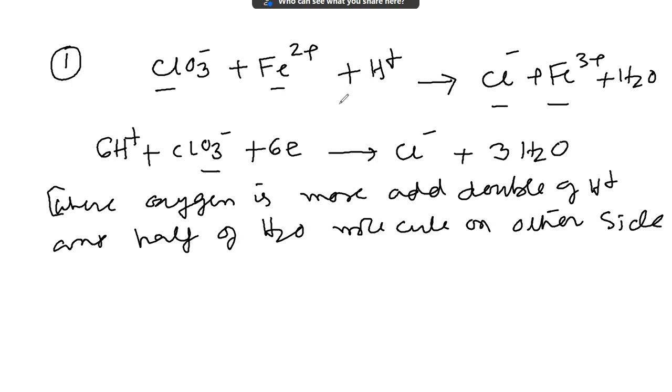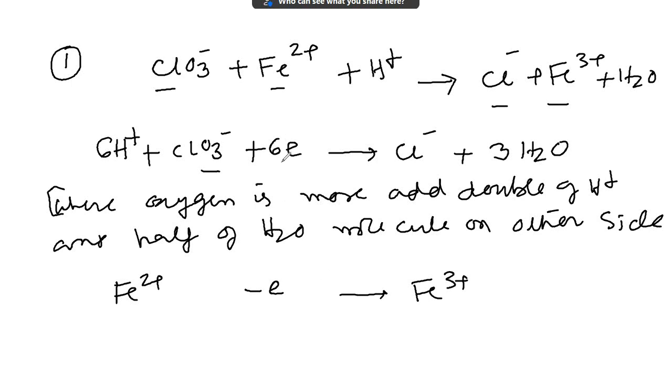On the contrary, Fe2 plus loses 1 electron, forming Fe3 plus. So ClO3 minus undergoes reduction, so that is the oxidant. Fe2 plus undergoes oxidation, so that is the reductant.